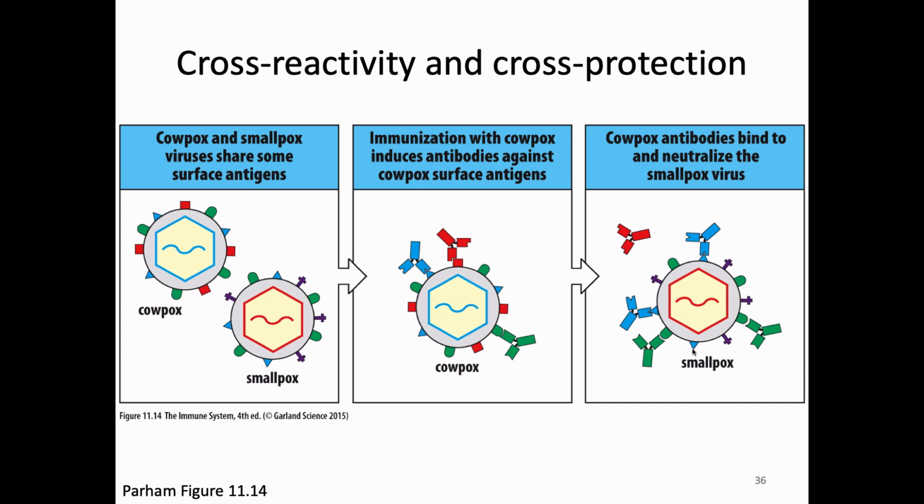So here you can see two viruses that are closely related, cowpox and smallpox. They have some antigens, like the red square and the purple cross, that are unique. But they also have some antigens that are shared because they're so closely related. As a result, if you are infected with cowpox, some of the antibodies you make in response to cowpox will actually bind to and potentially protect you against smallpox.